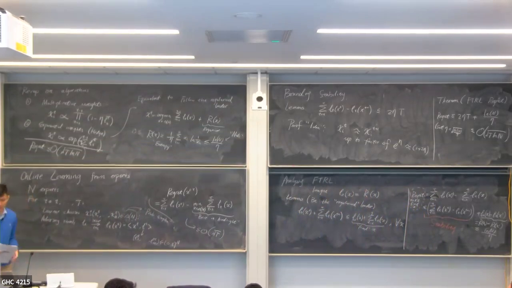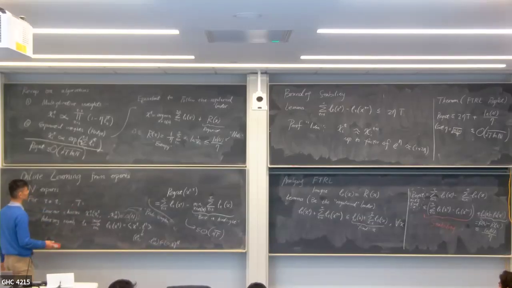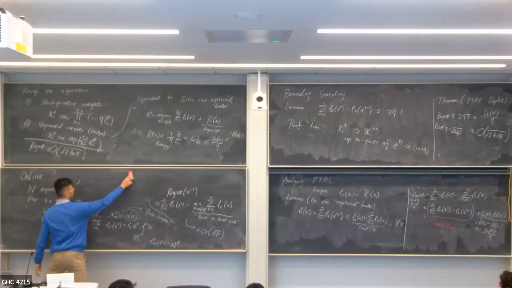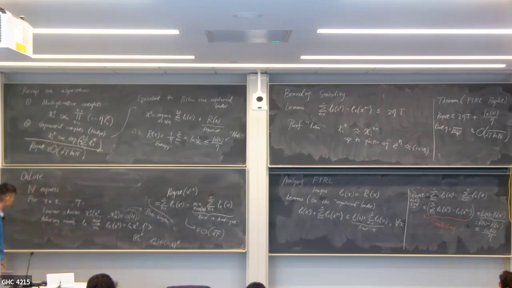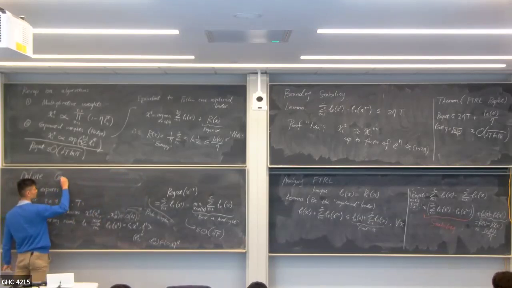All right, so I want to give you a hint. This is really just a snapshot of a much more general problem. Now I'm going to tell you a more general problem called online convex optimization.